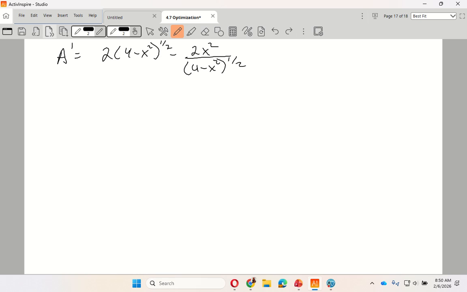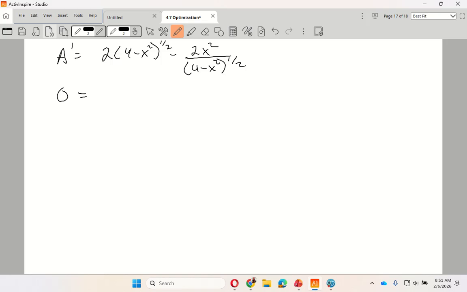So set it equal to 0. Do they both have a factor of 2? Yeah.